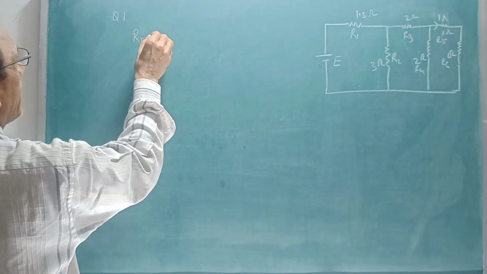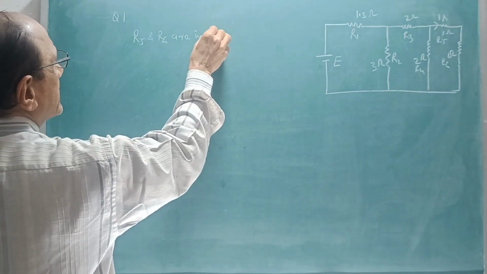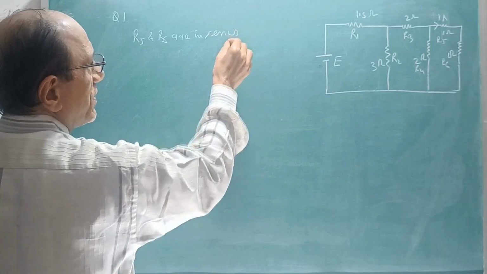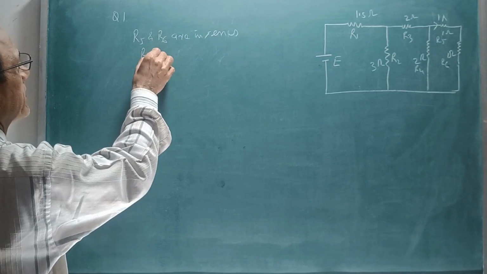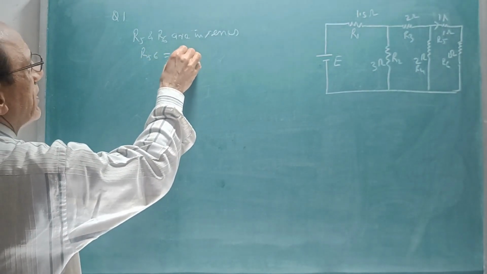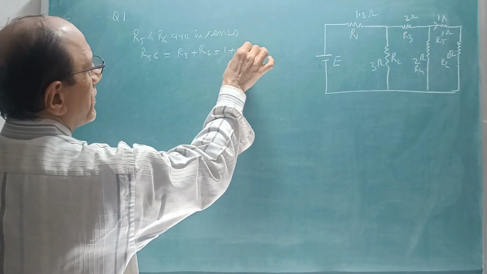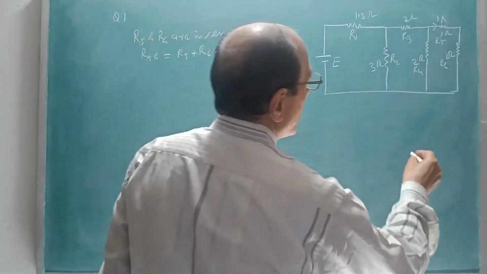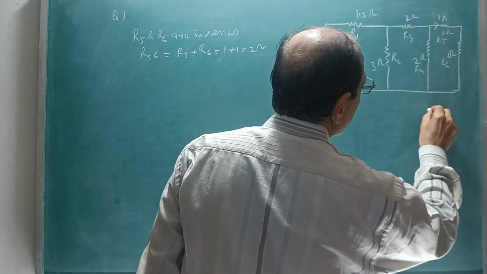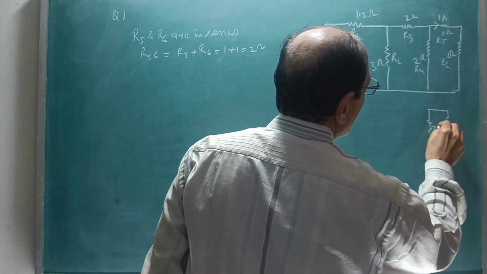So R5 and R6 are in series. These two are in series. So R56 will become R5 plus R6, that is 1 plus 1, that is 2 ohm. Now the equivalent circuit will become, this will be 2 ohm and this will be 2 ohm.